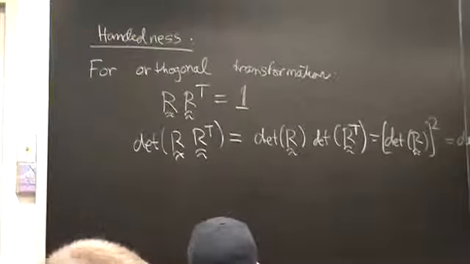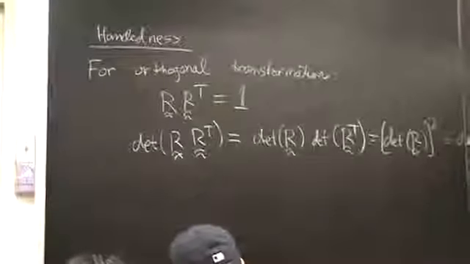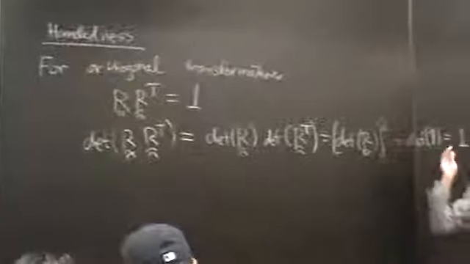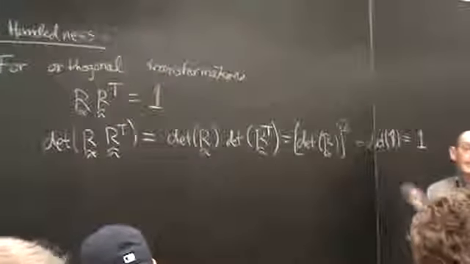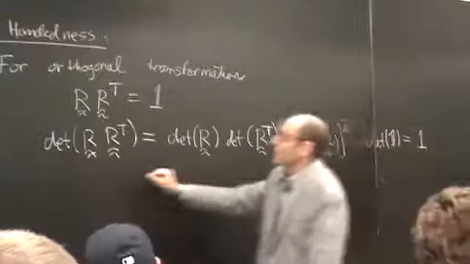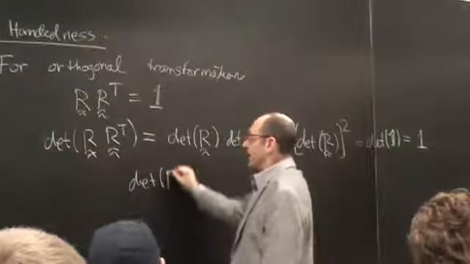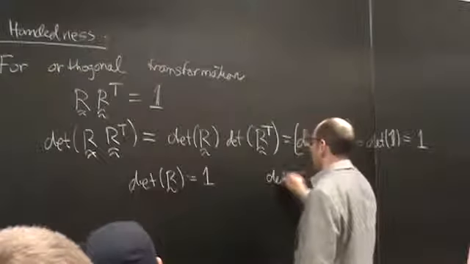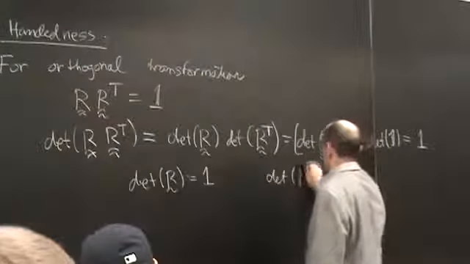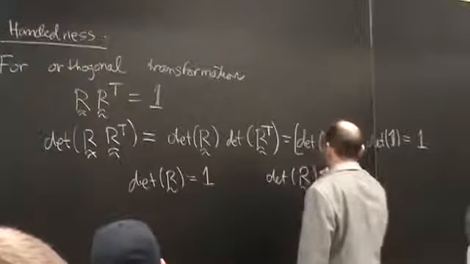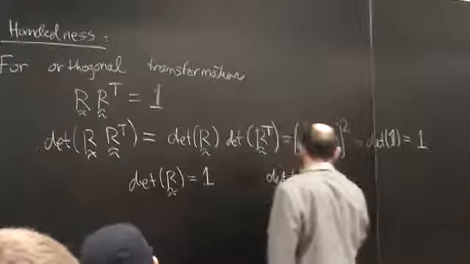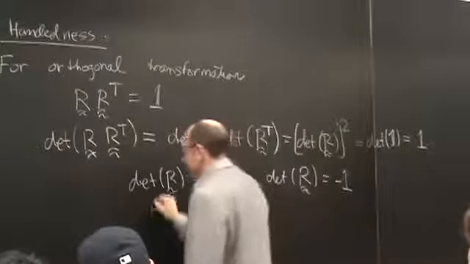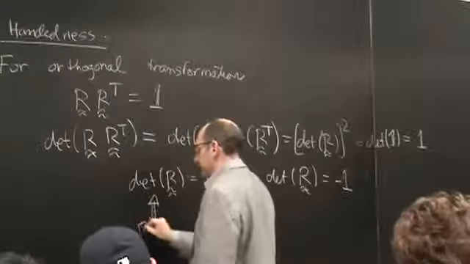So an orthogonal transformation is one whose determinant squared is 1. And there's two choices. The determinant of R is 1, or the determinant of R is minus 1. Rotations satisfy the first case.